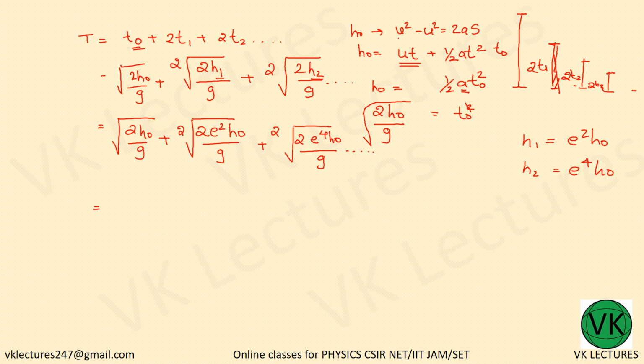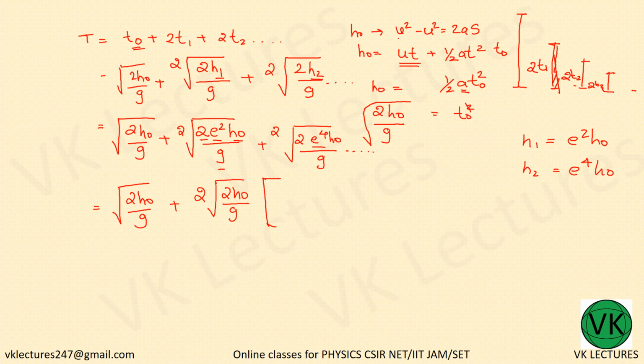Right. Now again we can take e square from here outside, and let us write that root of 2 h naught by g plus 2 into, let us bring this 2 h naught inside the bracket.